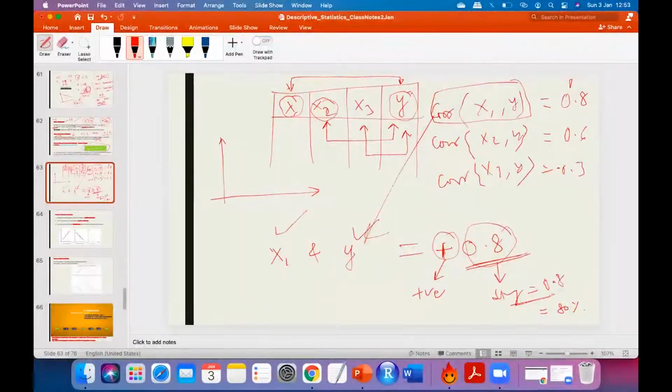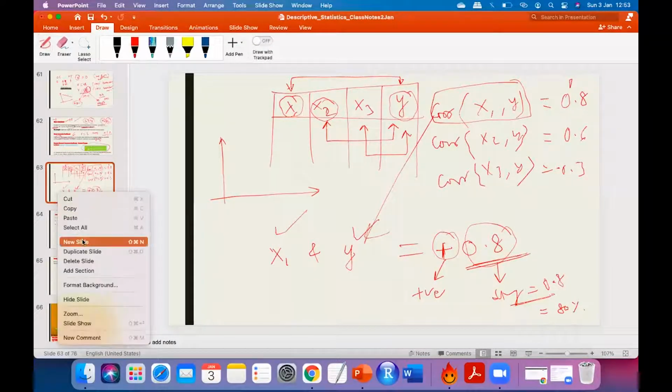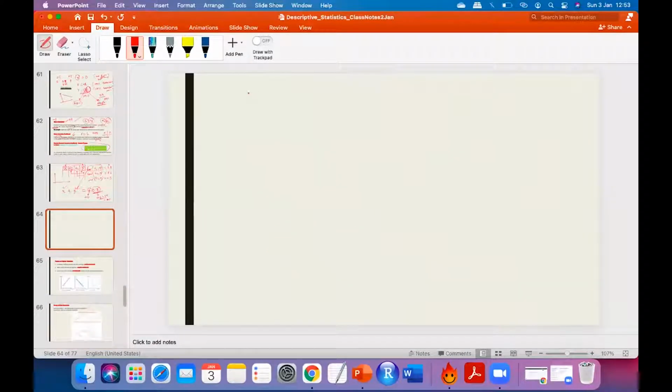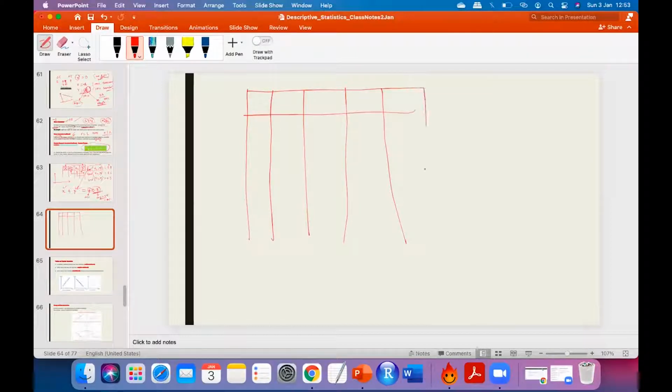I'm giving you an example. Let me take 5 variables. Y can be anything. Y was just to show you another variable.